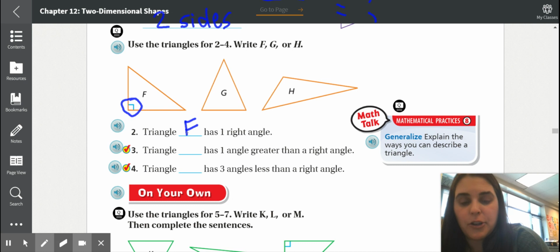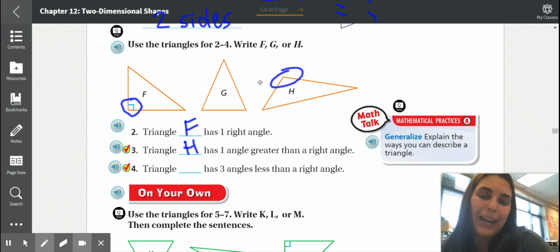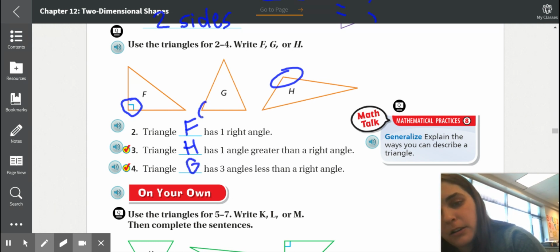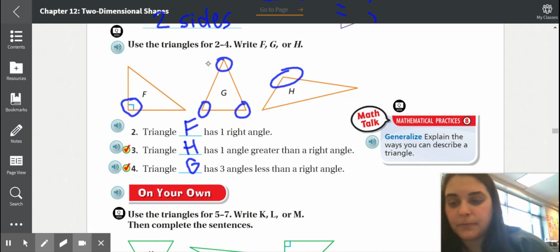If you said H, you are correct. And that would be the angle that is greater than a right angle. And then number 4, which triangle has 3 angles that are less? If you're thinking G, you are correct. All 3 of these angles are less than a right angle.